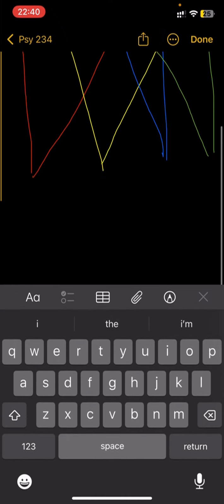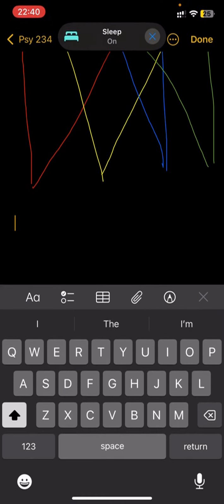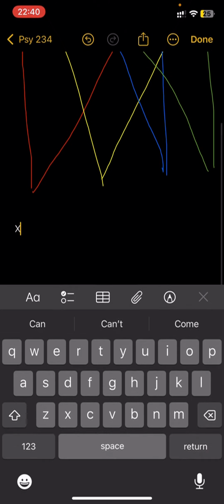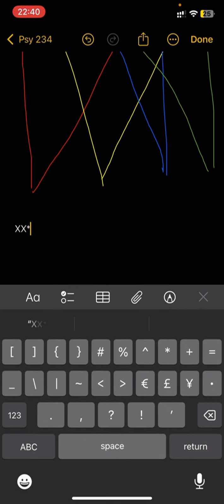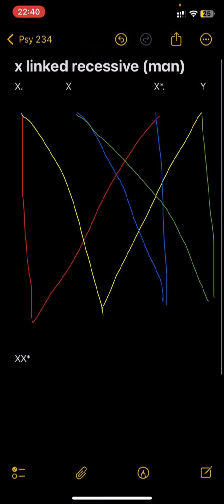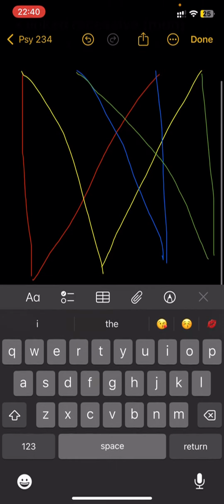So now, under the red of recessive, we can tell that X is the woman. So this child under here will be a carrier. So the female will be a carrier.